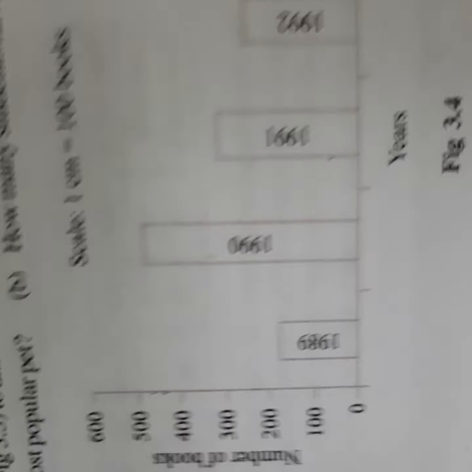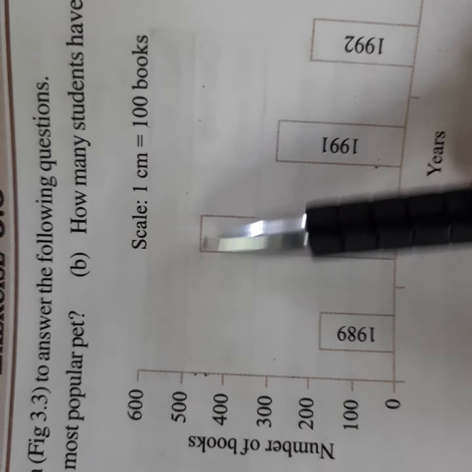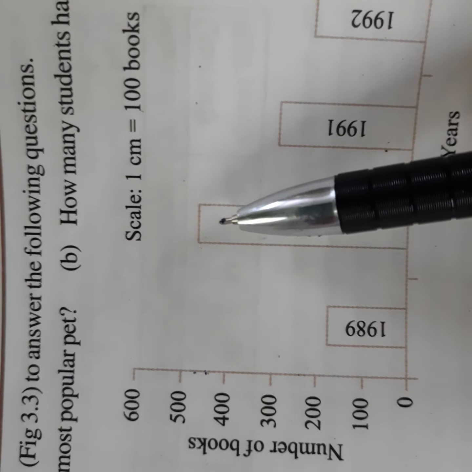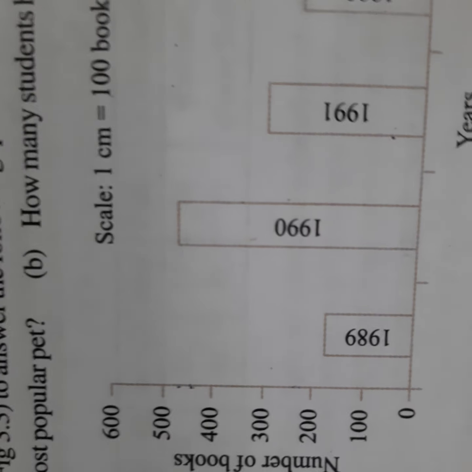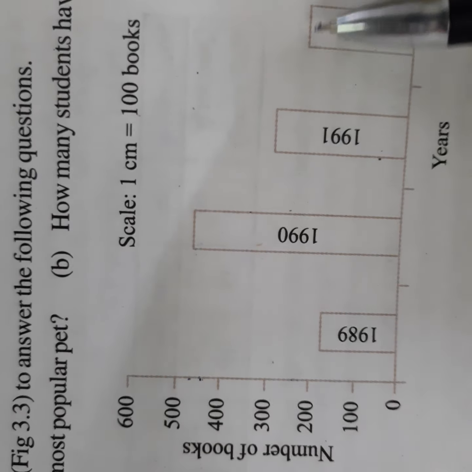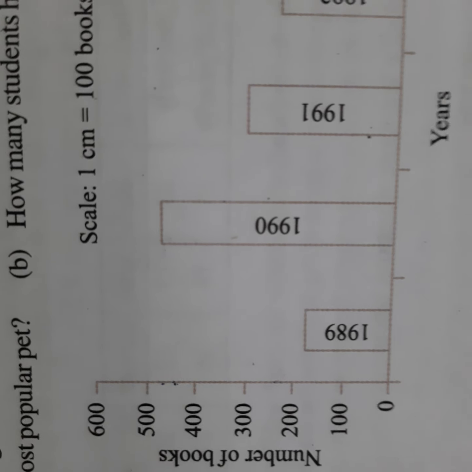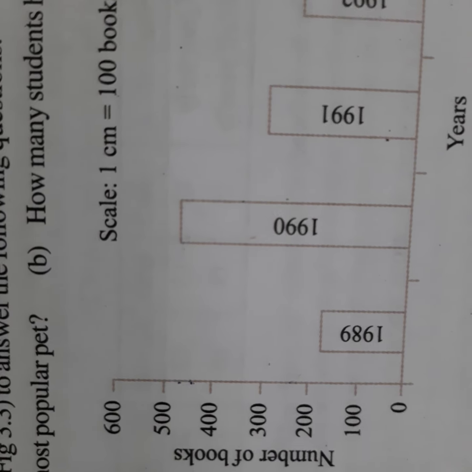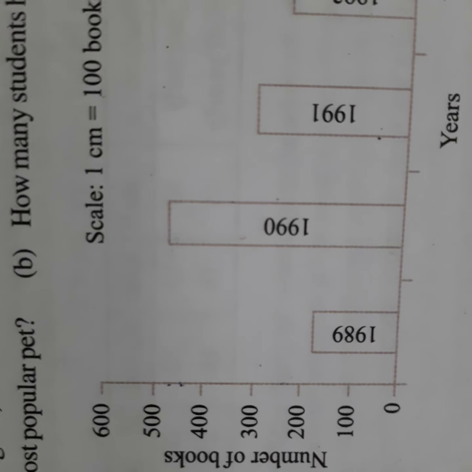So here, first of all, observe the graph. 475 books were sold in 1990 and about 225, not exactly, they are near about, 225 books were sold in 1992.